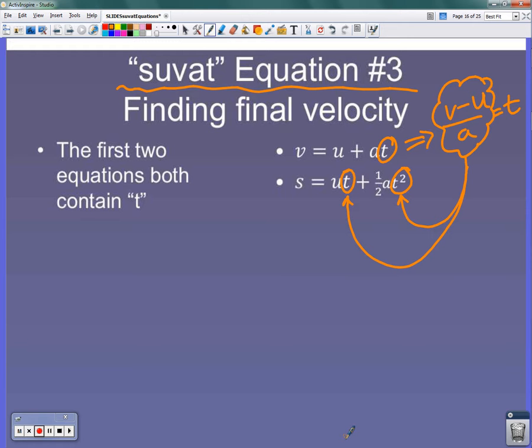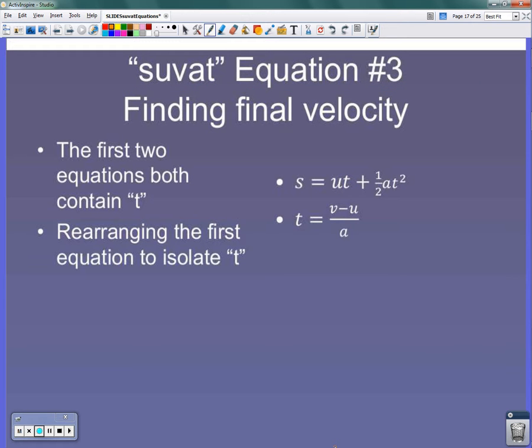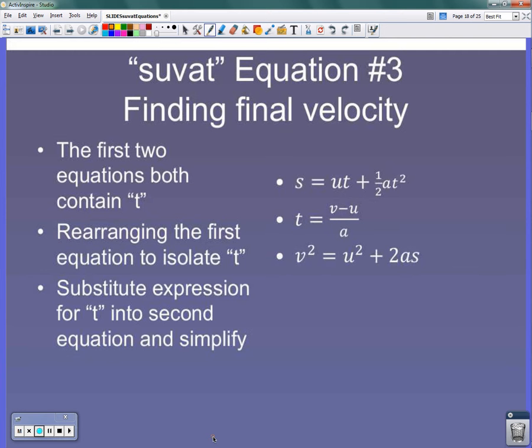Because we can do that, right? If we have two equations, we can substitute one equation into the other one. There's no real intuitive way why you would do this, but when you plug in this expression for t into this equation into t spots, do a little math, and you end up, right, first we isolate t in the first equation, then we plug it in and do some simplification, and we end up with this expression, right?